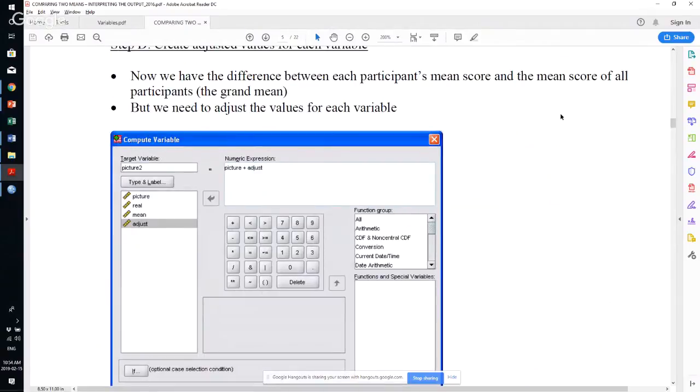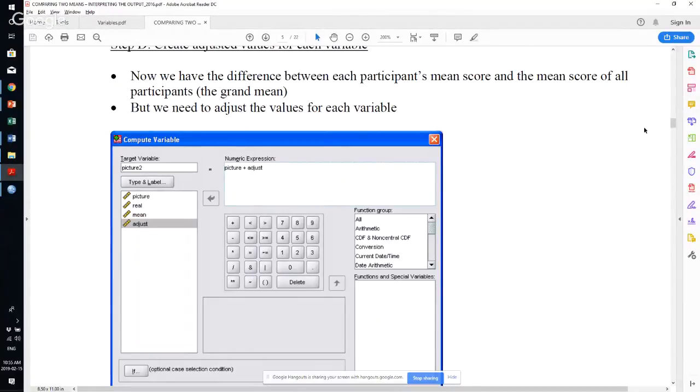Next, you have to create a difference between each participant's mean score and the mean of all the participants, which is the grand mean. So we create another variable: we add our picture condition plus this adjustment factor, and then we do that for the real condition plus this adjustment factor.